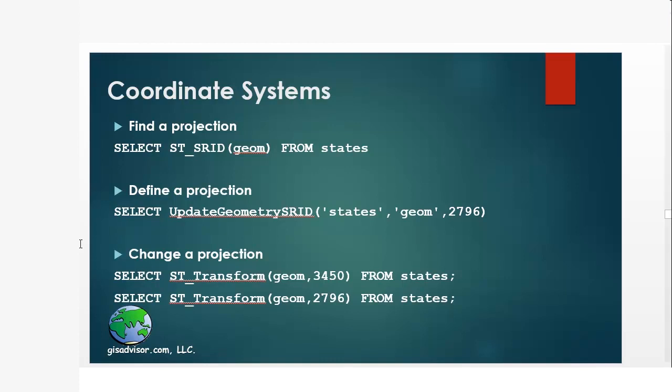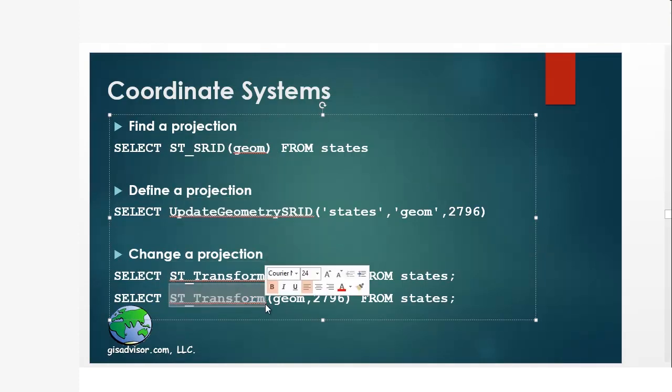And again, it's very, very important in something like Postgres that we have our coordinate systems matching. Otherwise, we're going to get errors. So I wanted you to see the difference between finding the SRID, updating an SRID, and transforming an SRID. And this is again the same problem we have in GIS.